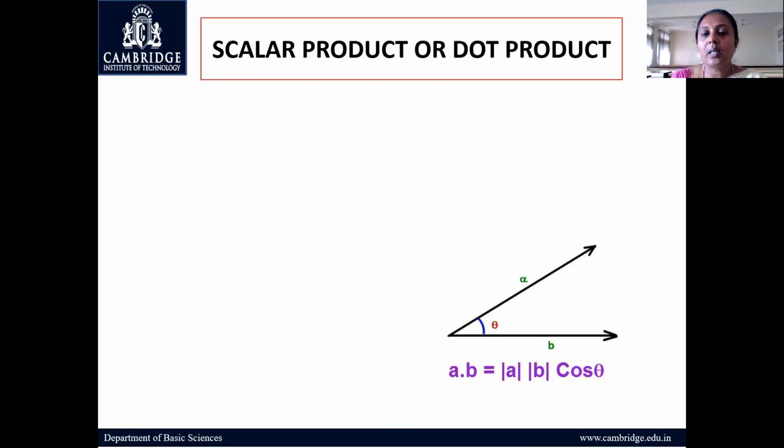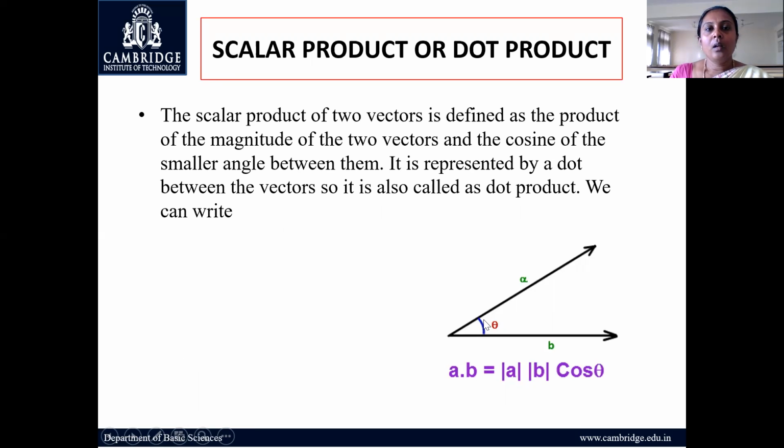So, you know this diagram. We'll consider two vectors, A and B. The angle between A and B is theta. What is the scalar product of these two? The scalar product of two vectors is defined as the product of the magnitudes of the two vectors and the cosine of the smaller angle between the two vectors.